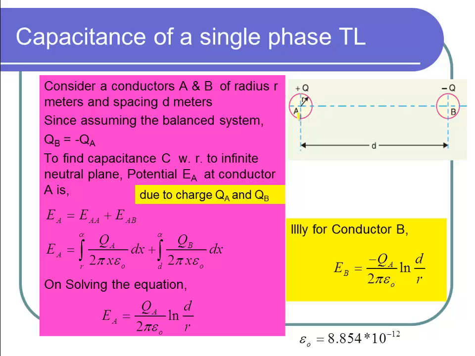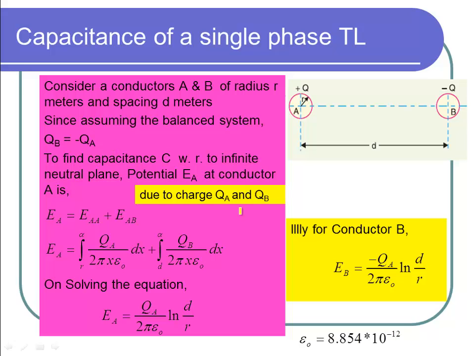We have two conductors A and B, the charge on conductor A may be plus Q and the charge on conductor B is minus Q, or QA and QB, and the distance between the two conductors is d meters. As in the inductance equation, where IA plus IB equals 0, or IA equals minus IB, in the same way here QB equals minus QA, or QA equals minus QB.